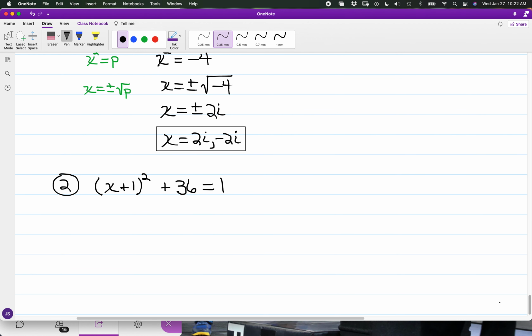If I get x plus 1 squared by itself, I'm going to take 36 away from both sides. So we have the square of x plus 1 equal to negative 35.